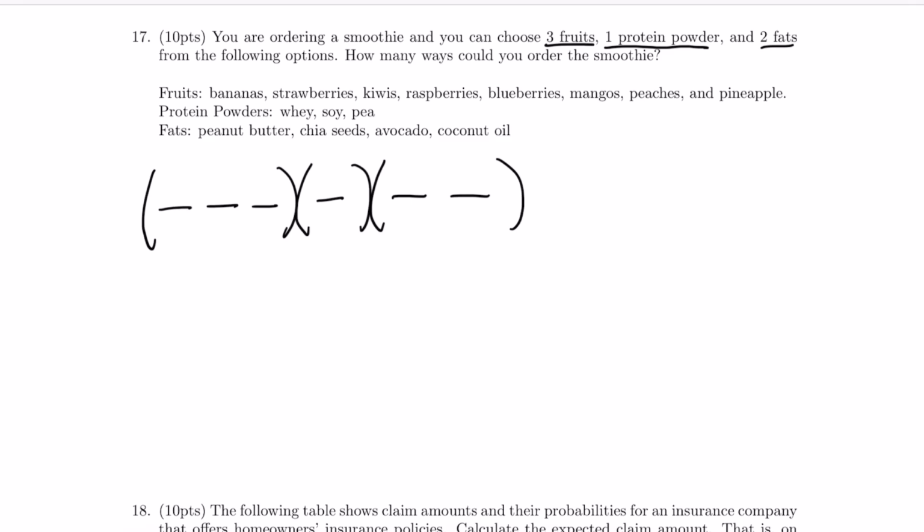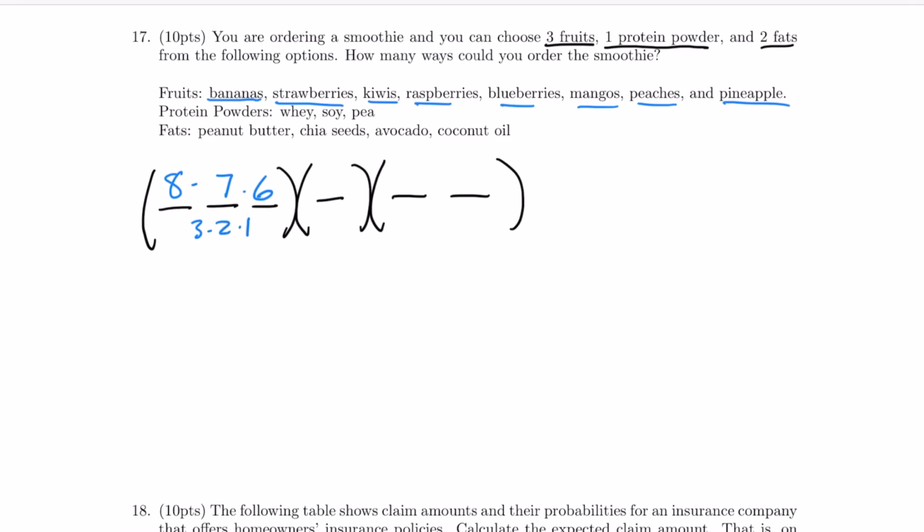So if I want to choose my 3 fruits from 1, 2, 3, 4, 5, 6, 7, 8 options, I'm going to have 8 options for my first fruit, but I'm not going to choose the same fruit twice to put in my smoothie. So I'd have 7 options for my second fruit and 6 options for my last fruit. And it doesn't matter what order I choose these in because they're all going to get blended up together. And so that means I divide by 3 factorial.